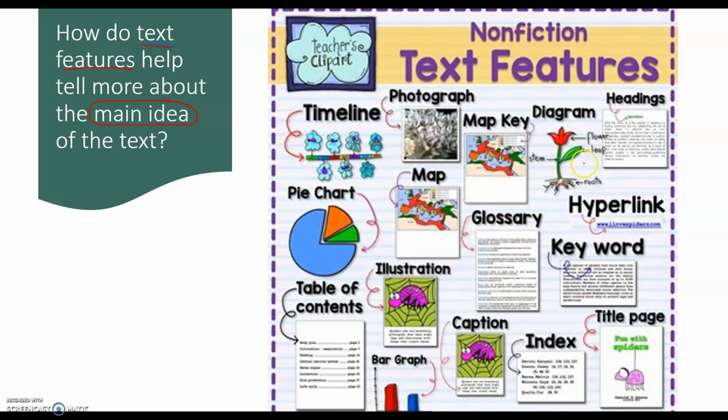You might see a diagram showing the parts of something, headings telling us what that portion of the text is about. If it's online, it could be a hyperlink to take you to a new website. You have keywords, and of course a title page.